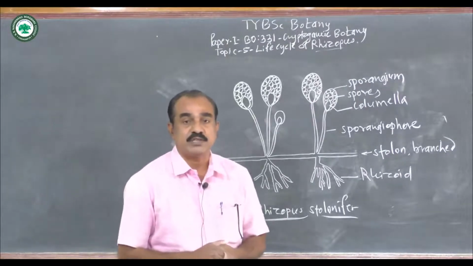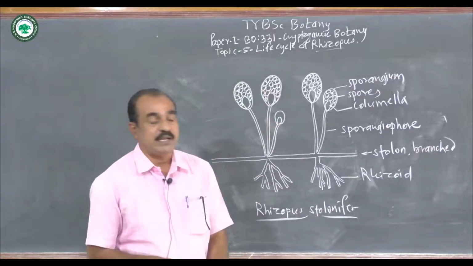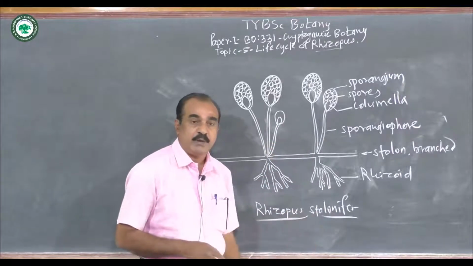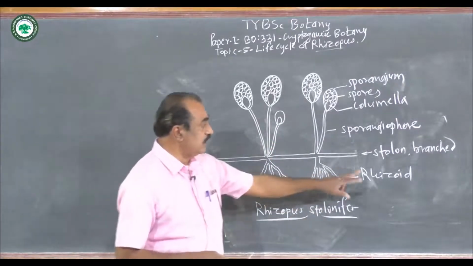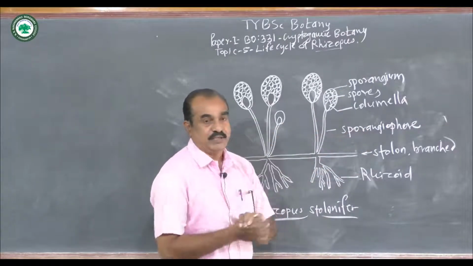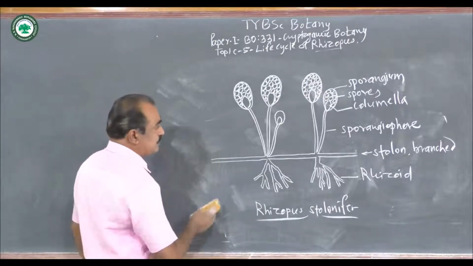These spores are asexual spores. That means when they germinate, they develop into a new mycelium of Rhizopus stolonifera. So the mycelium at the time of reproduction develops into rhizoid, stolon, and sporangiophore, which has the sporangium. So this is about the thallus structure of the Rhizopus stolonifera.